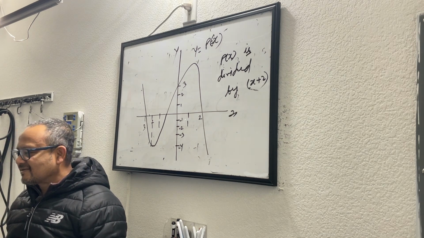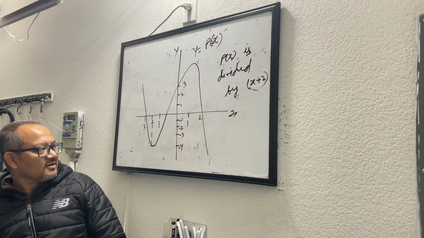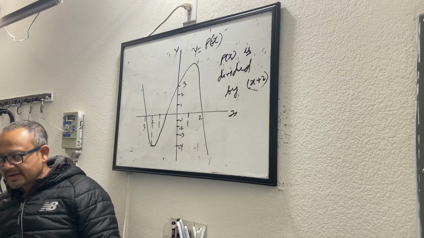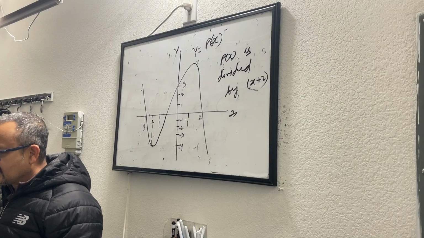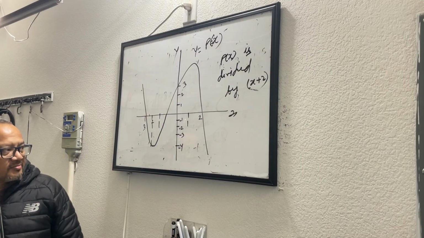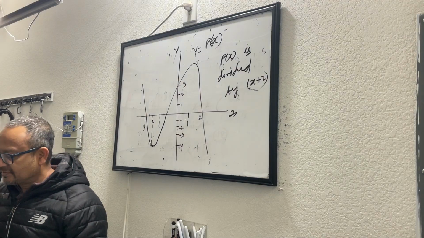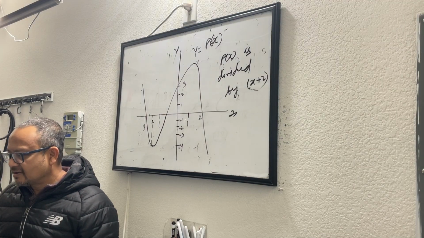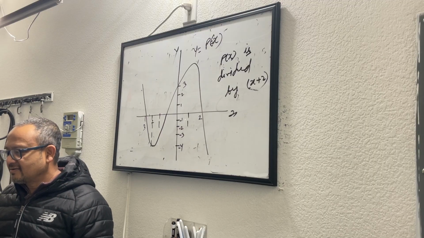I noticed that on the x-axis, it reaches 2, and I think the y is like 4. Minus 4. Yeah, minus 4. So, I noticed that, but I messed up on everything else.